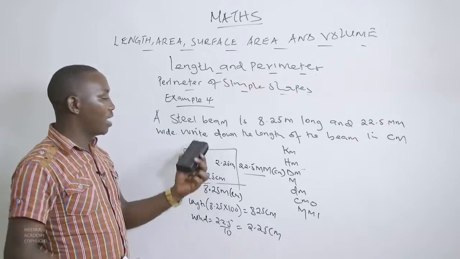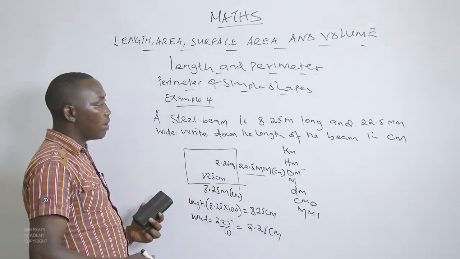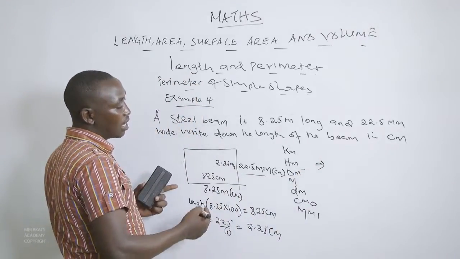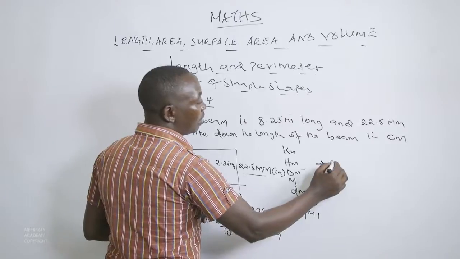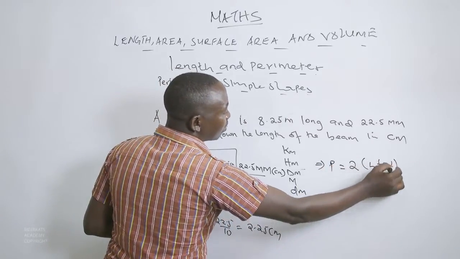So if you're asked to find the perimeter of this particular metal beam, we had said that because this is a rectangle, then the perimeter will be given by twice the sum of the length and the width.